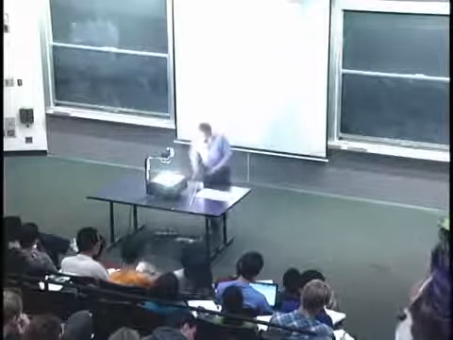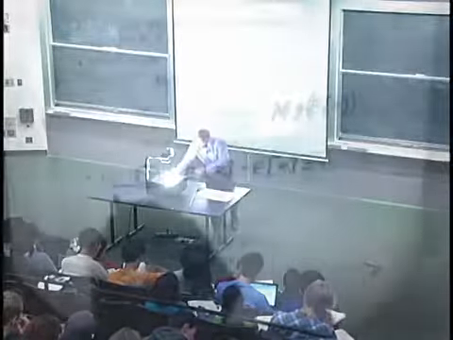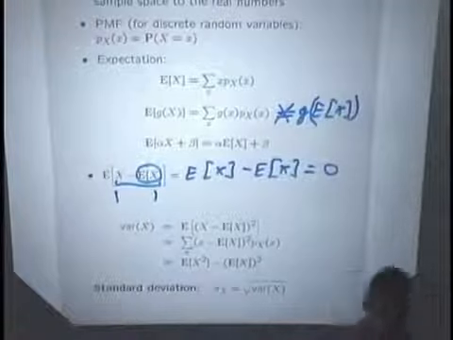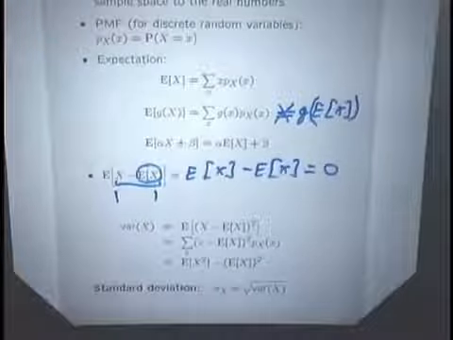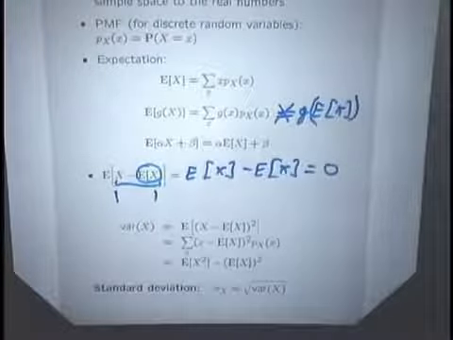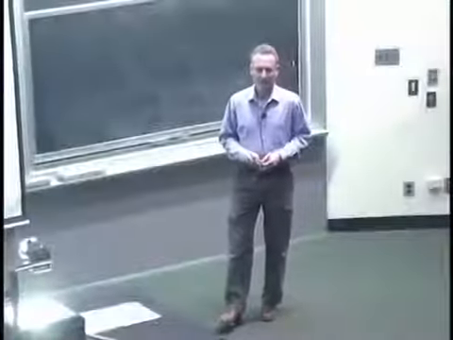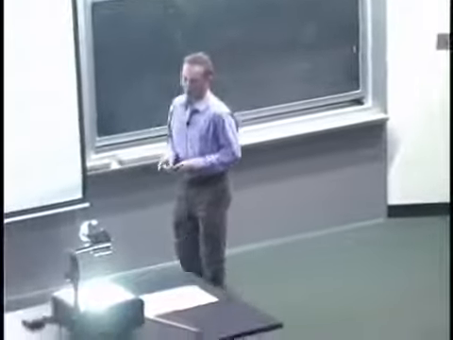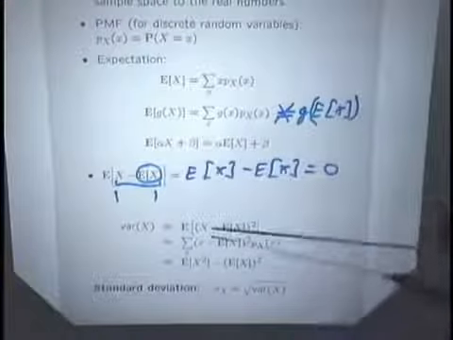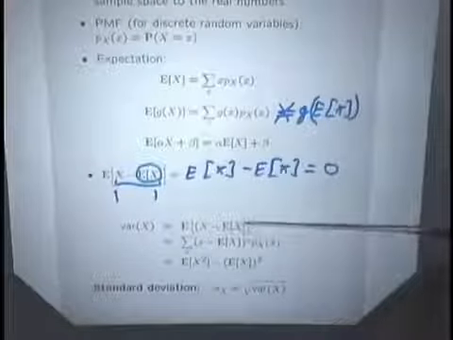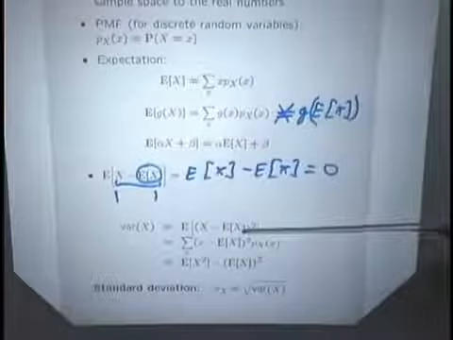One possibility might be to take the absolute values of the differences. And that's a quantity that sometimes people are interested in. But it turns out that a more useful quantity happens to be the variance of a random variable, which measures the average squared distance from the mean.